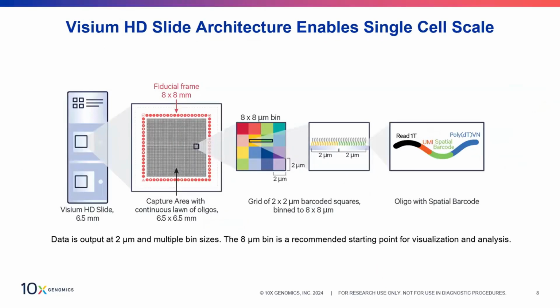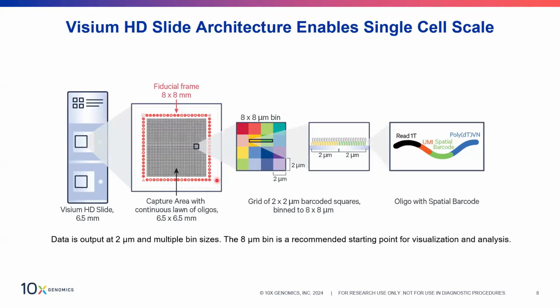I mentioned the slide already earlier, and now I want to show you what these look like exactly. You can see here on the left that each Visium HD slide contains 2 capture areas, and each of these looks as shown here in the second image. The lawn of oligos, this lawn that I mentioned before, is a 6.5 by 6.5 millimeter square that is surrounded by this fiducial frame.